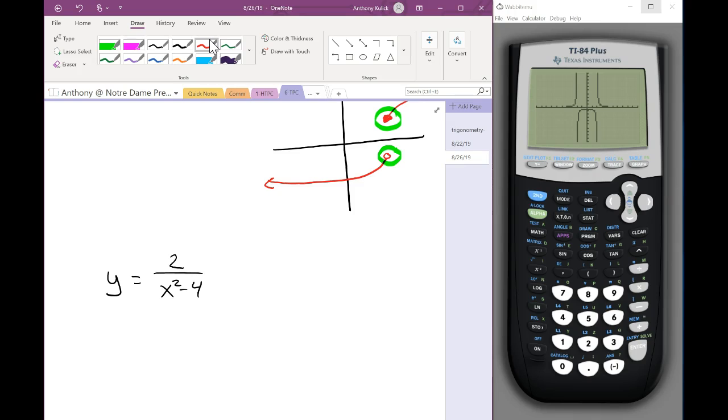Which of the three kinds of discontinuity do you see happening here? Was it a removable? Good. And how many infinite discontinuities do you see? 2. So there's one that happens right here, and then a second one that happens right here. Everybody agree with that?